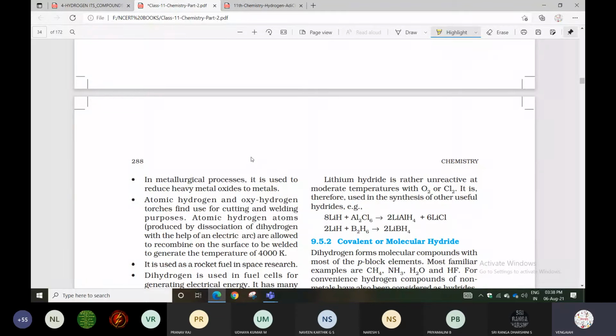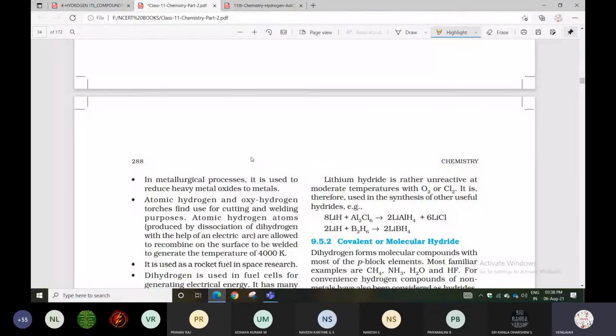And the second topic I discussed is hydrides. Hydrides are classified into three types: ionic hydride, covalent hydride, metallic hydride. Ionic hydride condition: hydrogen reacts with s block elements to form ionic hydrides. Otherwise, reacting with the 13th group gives electron deficient type of hydrides. Electron precise is reacting with 14th group elements, the carbon family.